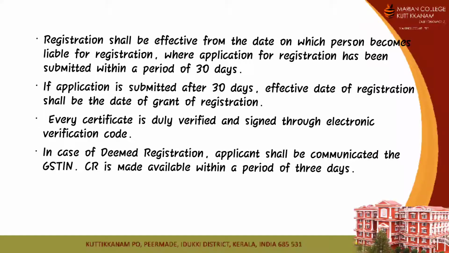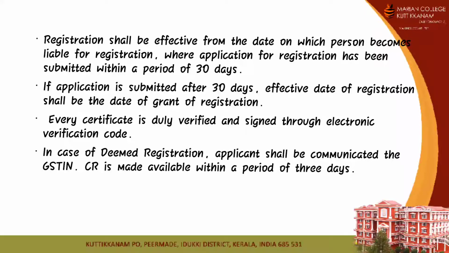Then, when is registration effective? We have already discussed that in one of the previous videos. It was mentioned in the provisions regarding procedures for registration that a person should be registered within 30 days of becoming liable for registration. Registration shall be effective from the date on which the person becomes liable for registration if that person gives an application for registration within 30 days.